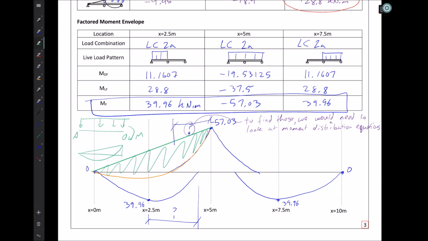So we can go and we can find some equations for some parabolas that have been added to a line and get those quite simply.